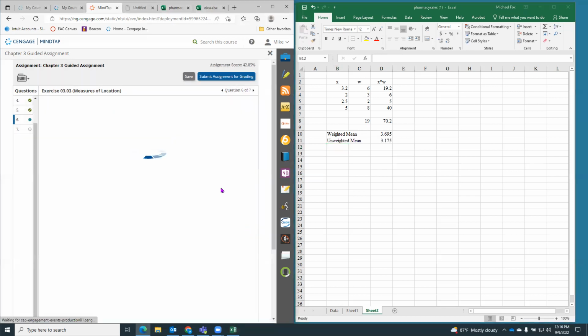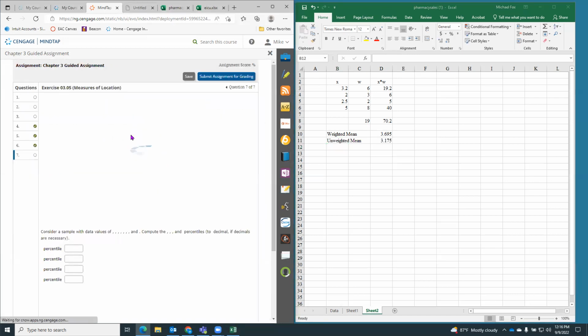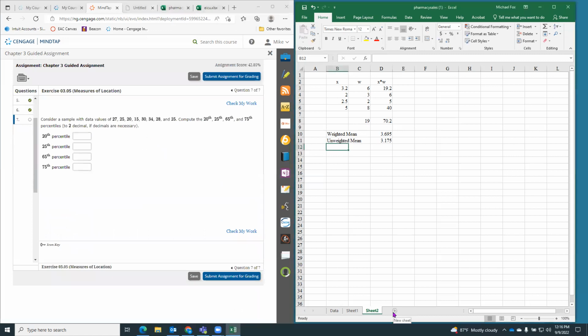We'll just check our work. Looks like we're good. And then we can move on to number 7, which again gives us a list of numbers.